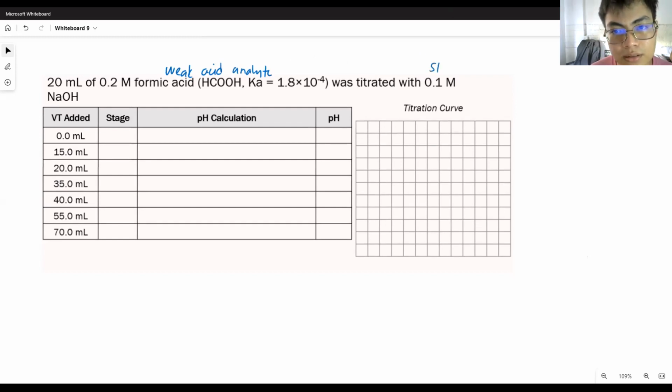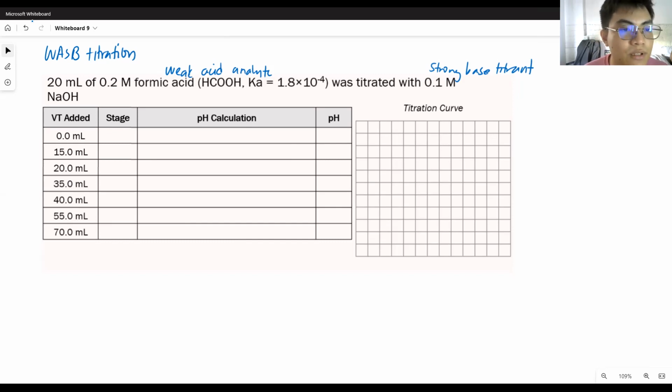So this is a strong base titrant. Okay. So what we have here is a weak acid strong base titration. So yeah, it's very important you identify the type of titration that you have here.